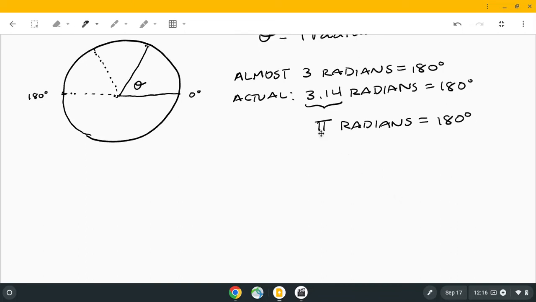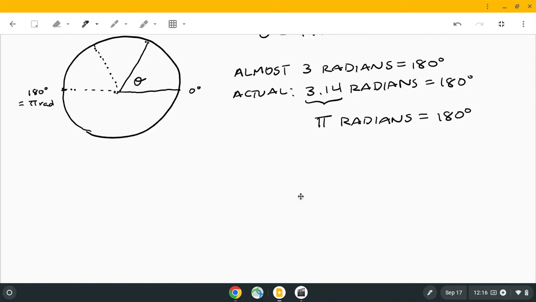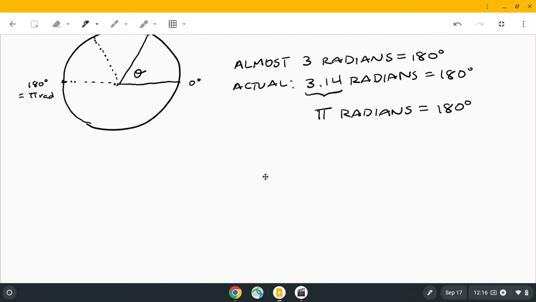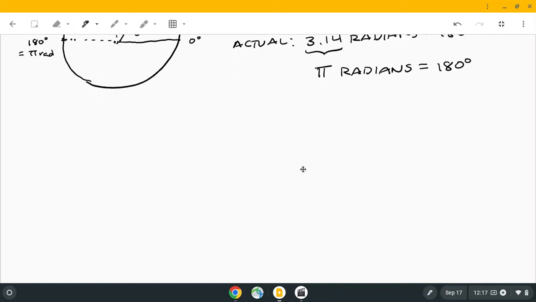So here, 180 degrees equals pi radians. Now with that information, we can divvy up the circle in terms of pi, and see the relationship between pi, the different radians, and the different degrees that we're familiar with.